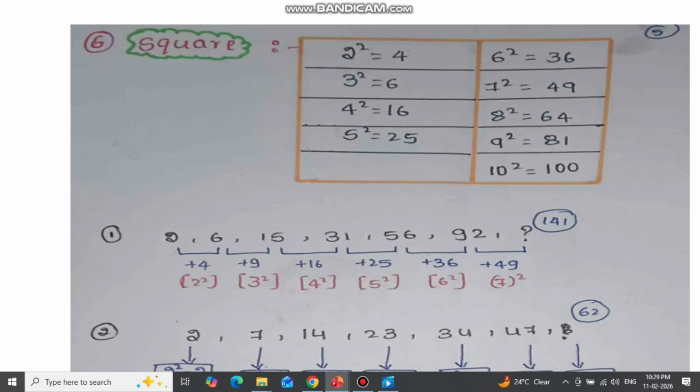2, 6, then 15, then 31, then 56 and 92. Again we have the question mark.